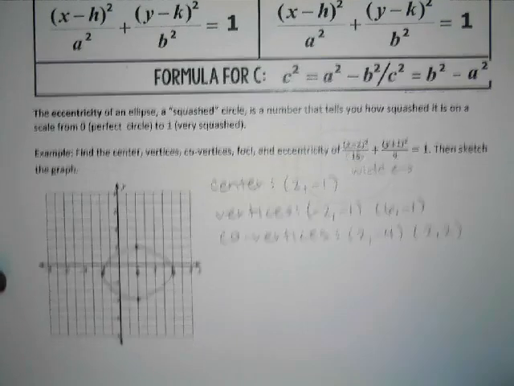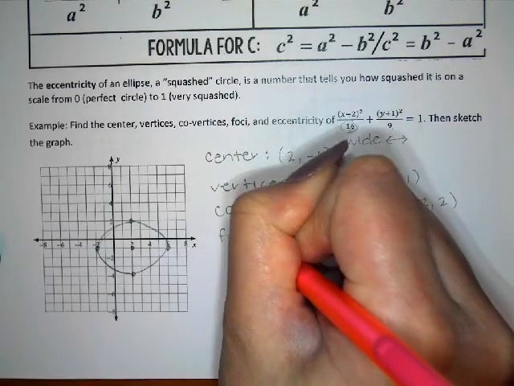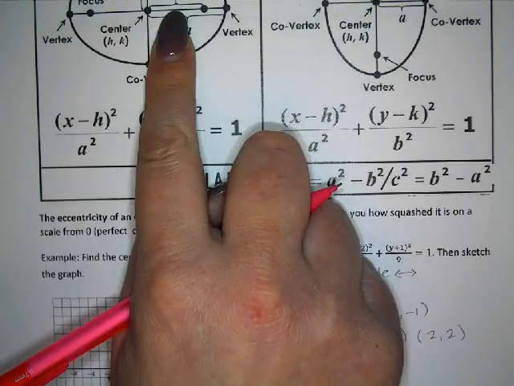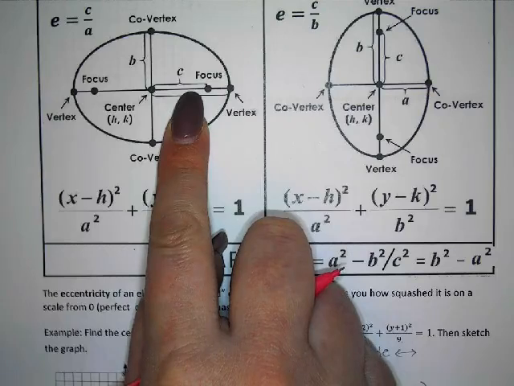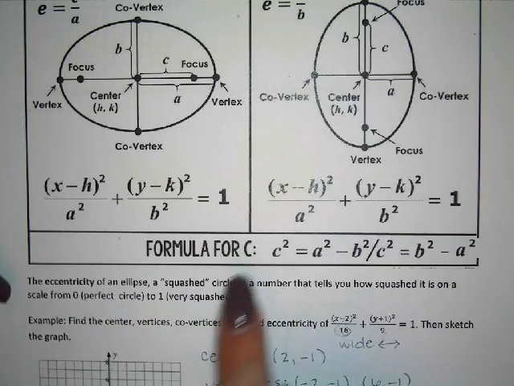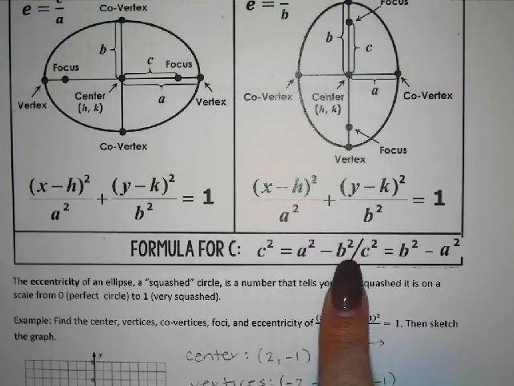All right, for the foci, to find the C value, so here to find each focus, we have a C value instead of a P value, which is what we have for the parabola. For the C value, you have C squared is A squared minus B squared.